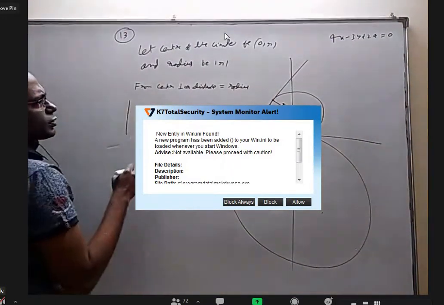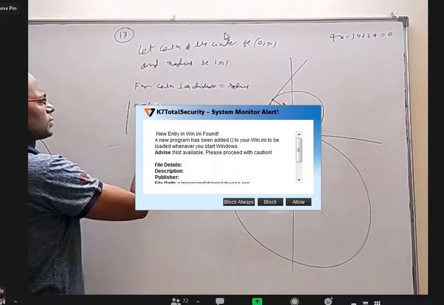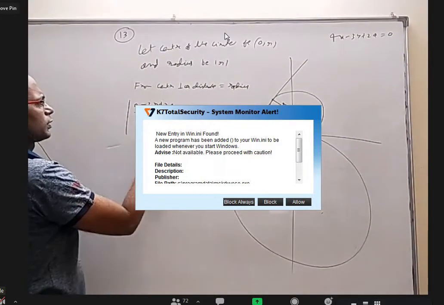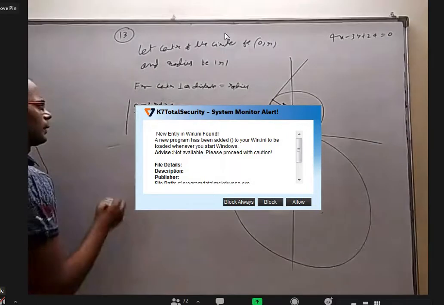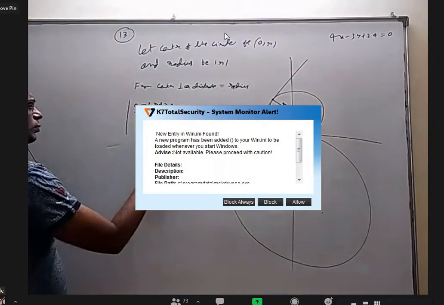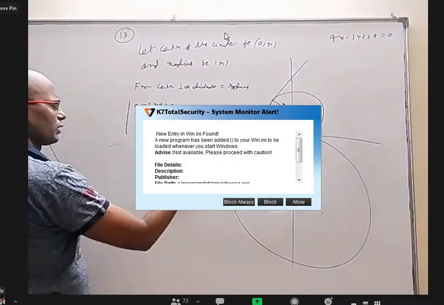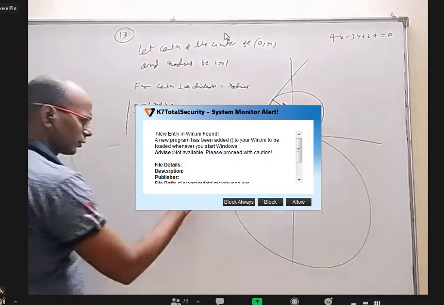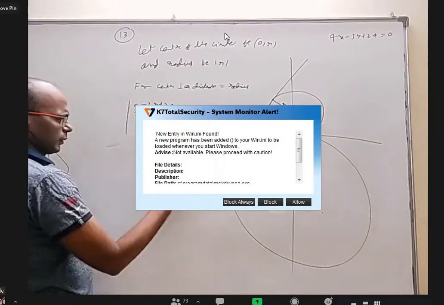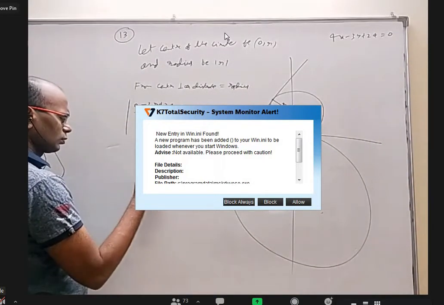So when you substitute 0, r, you will get 0 minus 3r plus 24 by root over 4 square plus 3 square equal to radius, which is mod r. That is 24 minus 3r equal to mod 5r. 24 minus 3r equal to plus or minus 5r. If I take plus, I will get 8r equal to 24.